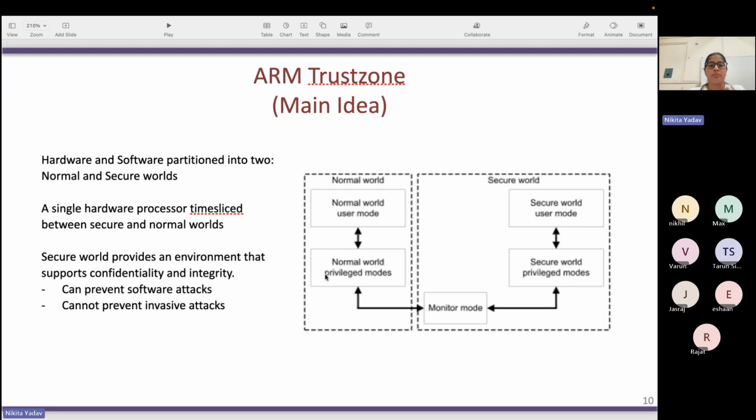Then the OS is going to make an SMC call on behalf of this Armory application, and then it will switch to the monitor mode. And if the application wants to pass some arguments to the secure world, those arguments will also be passed via the OS.